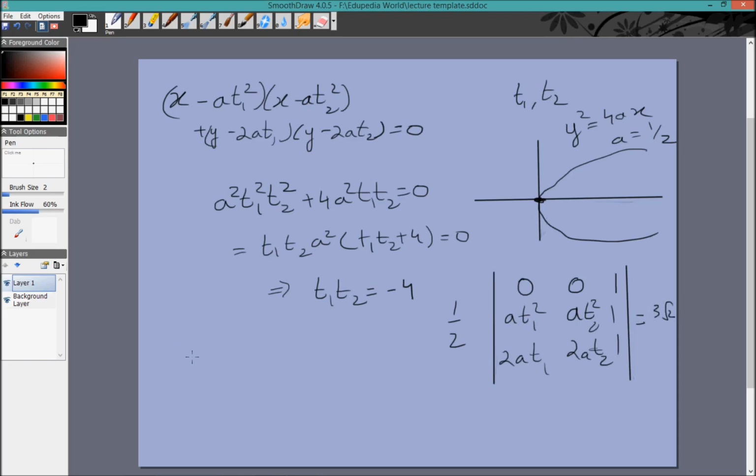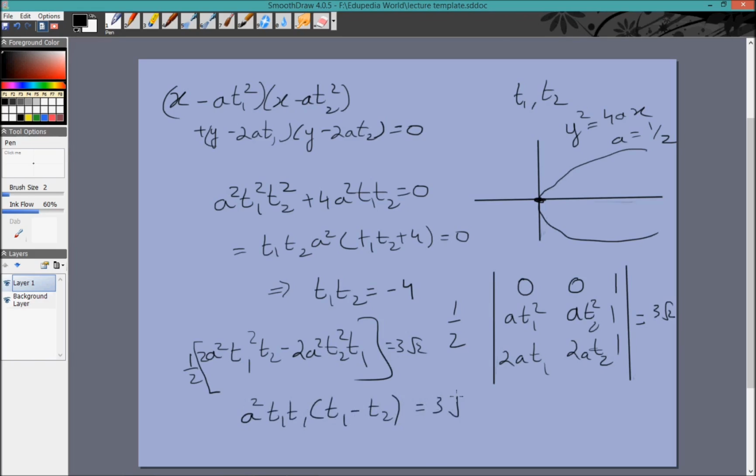This will give me half of 2a squared t1 squared t2 minus 2a squared t2 squared t1, which is equal to 3 root 2. So this half and half cancel, and we get a square t1 t2 times (t1 minus t2) is equal to 3 root 2.